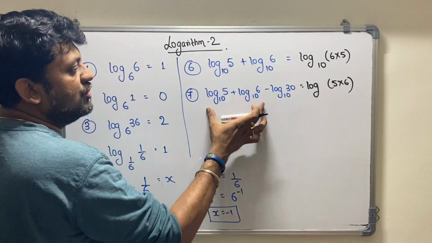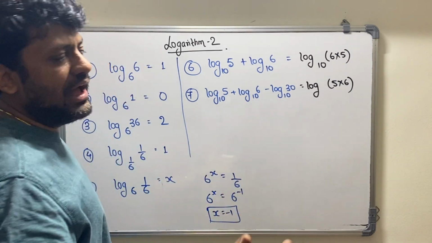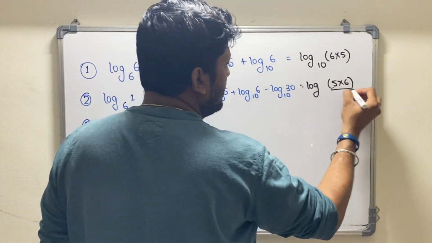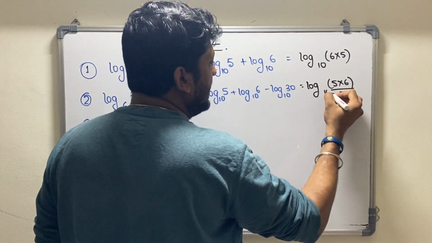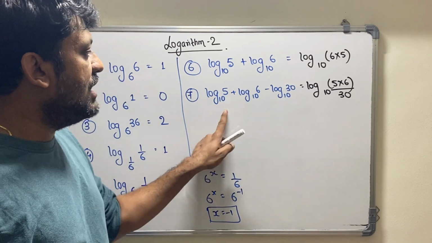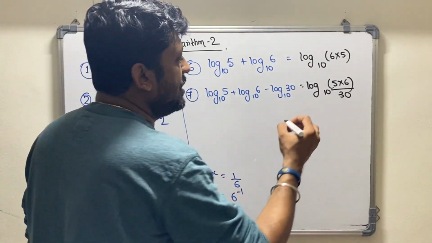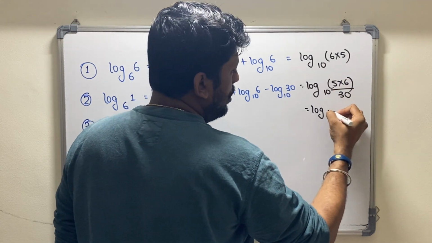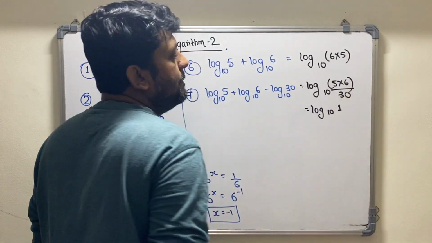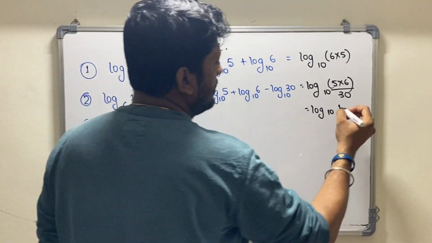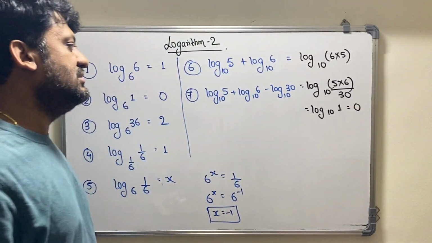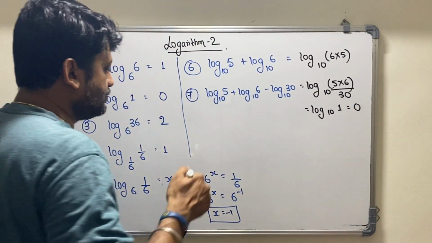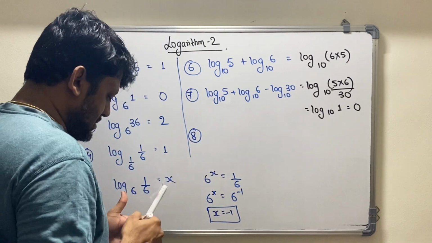You can solve one by one, but I am doing it all in one shot: divided by 30, and the base will remain 10. That is why I am using the property, because everything has the same base. Further, I can write 30 by 30 is 1, so log 1 base 10, and the answer will be 0, because 10 to the power 0 is equal to 1. Next question.